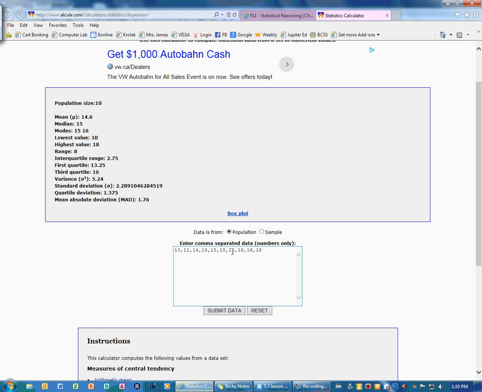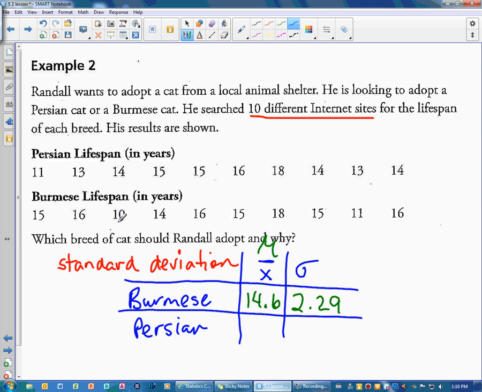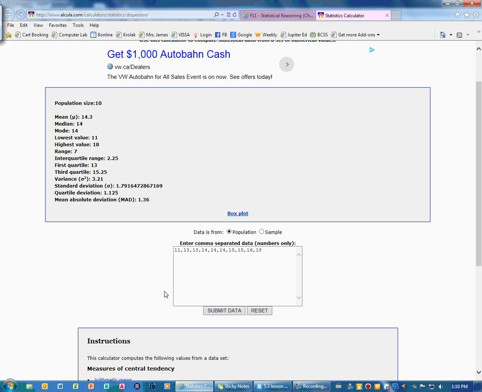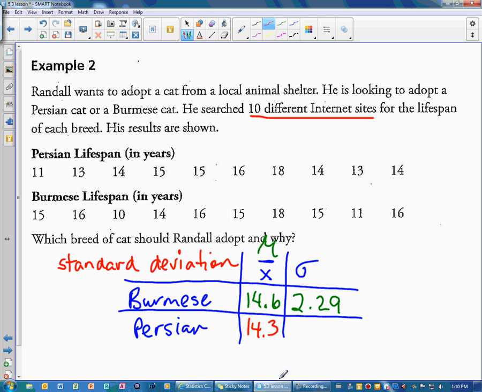Let's go to my online calculator and let that do all the work for me. Okay, so Persian's average is 14.3. And the standard deviation, 1.79. All right, so let's analyze what this means.